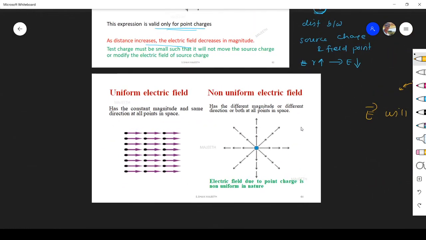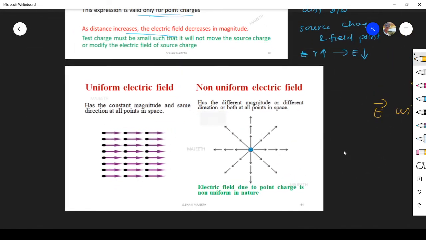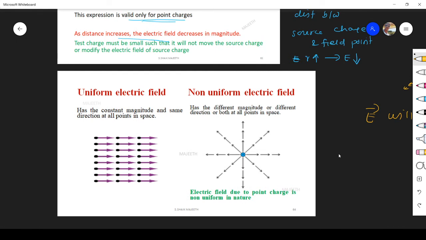Right. Next, another important point is that we have two kinds of electric field: one is uniform electric field and another is non-uniform electric field. What is uniform electric field? As the name itself says, the electric field is uniform. That means the electric field should have constant magnitude, because electric field is a vector quantity, so it has both magnitude and direction.